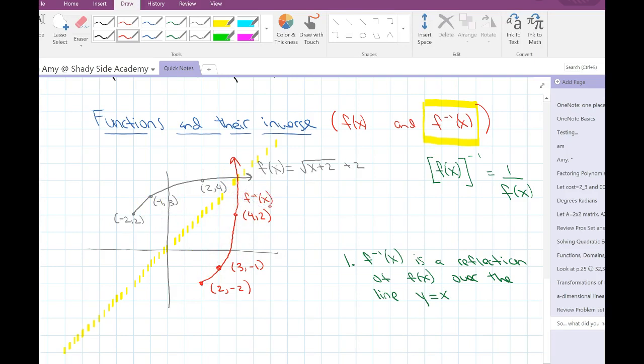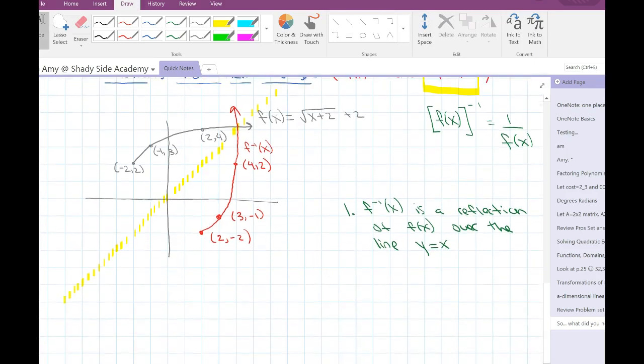You'll notice that the inverse of a function, if you look at corresponding points, what is the relationship between x, y on f and the corresponding point on the inverse?